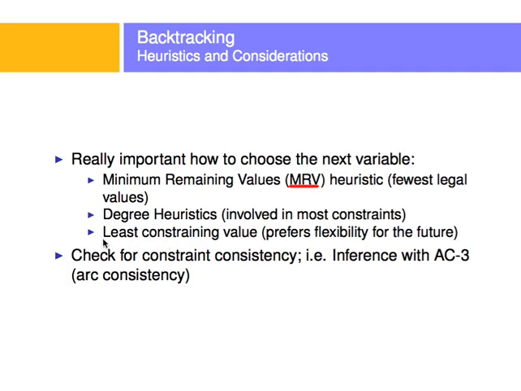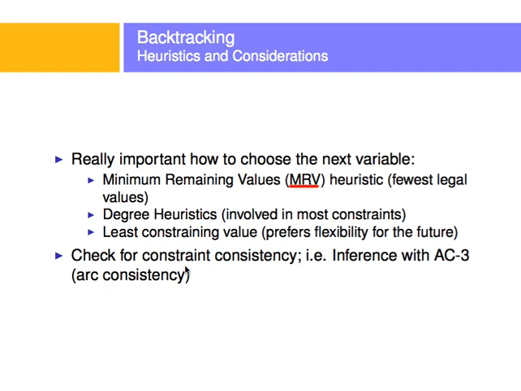And then there's another heuristic that looks ahead. That's the least constraining value. The idea here is to look at which ones are going to have the most slack in terms of values that I can assign to them. This looks ahead a little bit and will prefer the trees that generate more flexibility for the future.